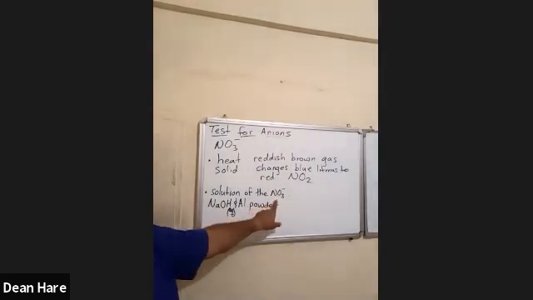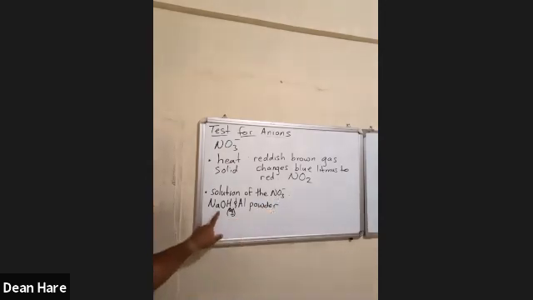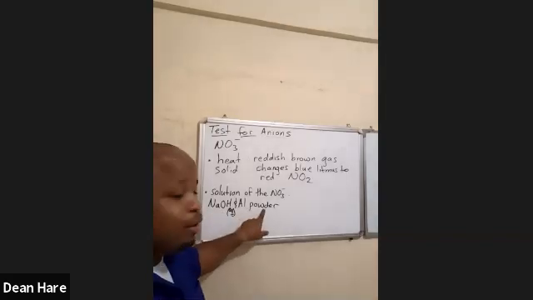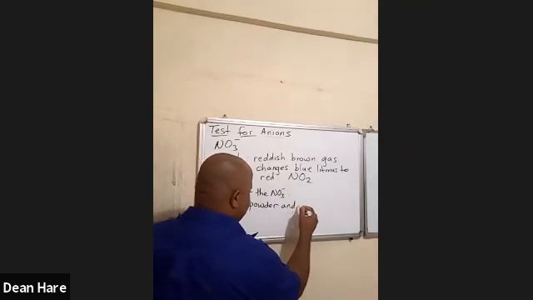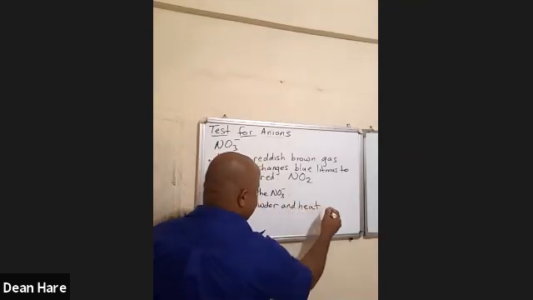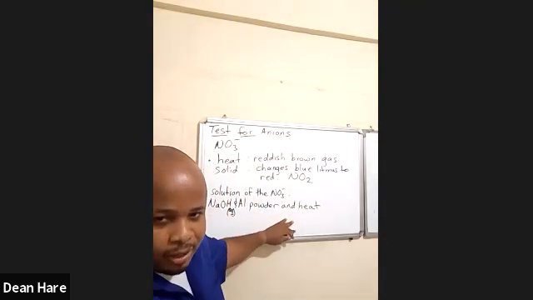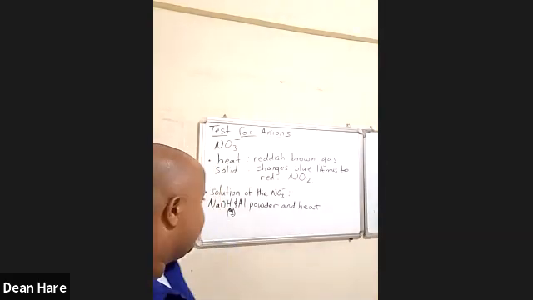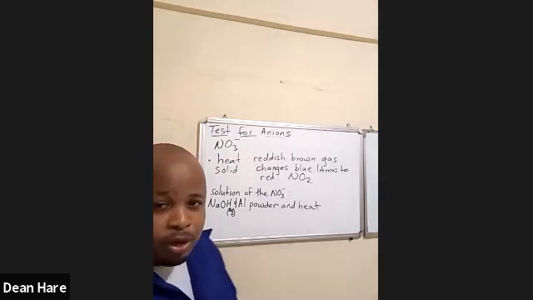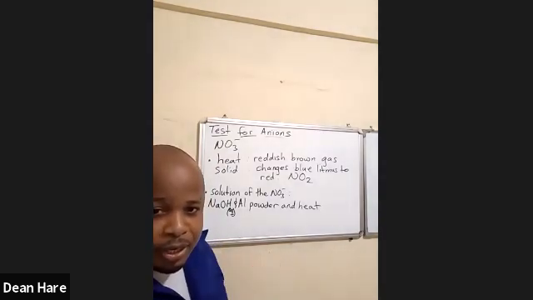Right, so if you are testing for this solution of the nitrate, you can use sodium hydroxide solution and aluminum powder. Then you heat it. Now, when you heat this solution, you will get ammonia gas. So on the paper, the reagents are your hints.